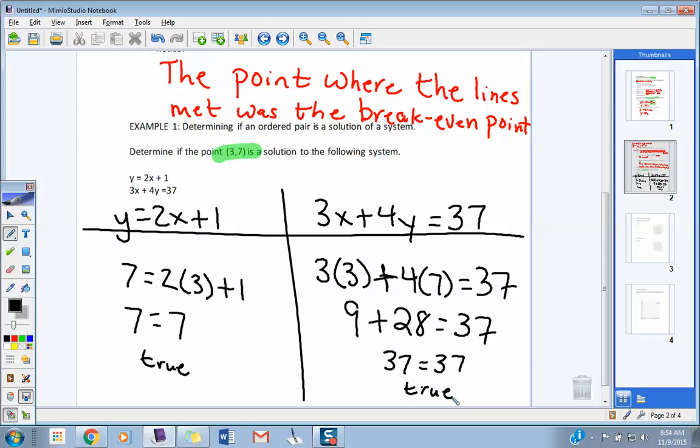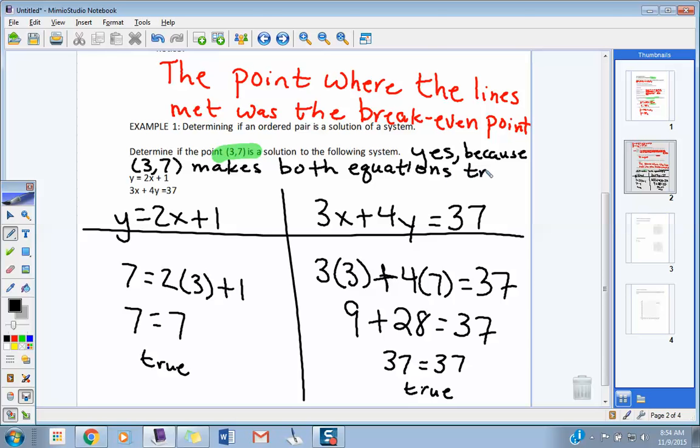Yes, because the point (3, 7) makes both equations, what's the word? Makes both equations true. Yes, because (3, 7) makes both equations true.